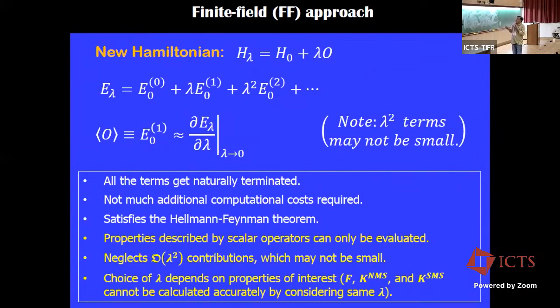There is also something called finite field theory. In the Hamiltonian, you can include an interaction Hamiltonian by putting in some arbitrary parameter, and then calculate the wave function or energies first with H naught, then using this total Hamiltonian. Then if you choose lambda very small, the calculated energy can be expressed like that. The first-order energy correction will correspond to the expectation value of that operator.